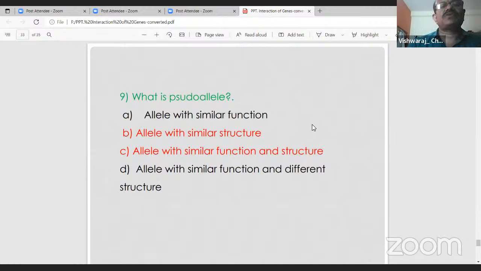A option, allele with similar function; B, allele with similar structure; C, allele with similar function and structure both; and D option, allele with similar function and different structure.